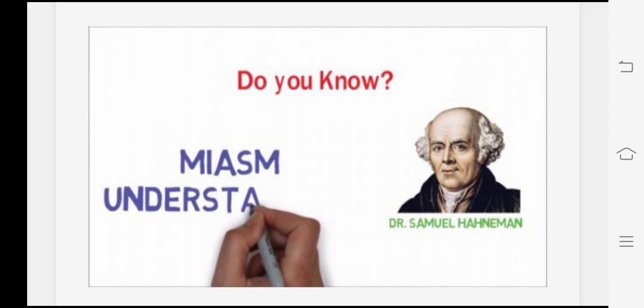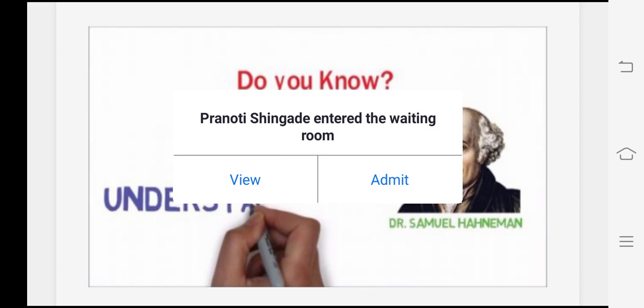chronic syndrome, that is a combination of signs and symptoms associated with a morbid process. So actually the word meaning of miasm is noxious influence, and miasm can be defined as a person's inherited power that is passed from one generation to the next, or an inherited response passed from one generation to the next.